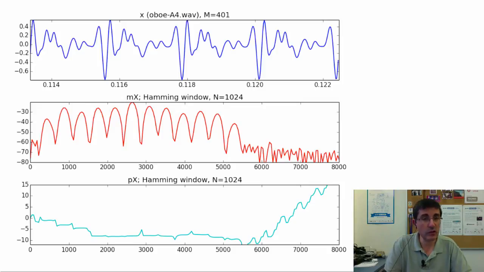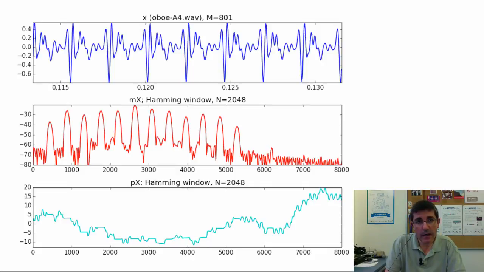Then if we compute the DFT of this signal multiplied by a Hamming window, and again with a zero padding to get an N equal to 1024, we see these harmonics quite clearly separated. Each harmonic corresponds to one main lobe of this Hamming window, and they are quite clearly one after the other.